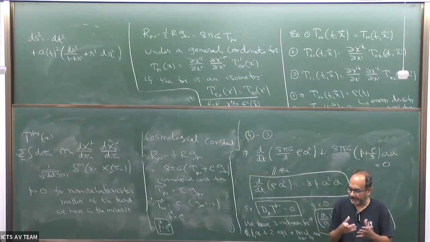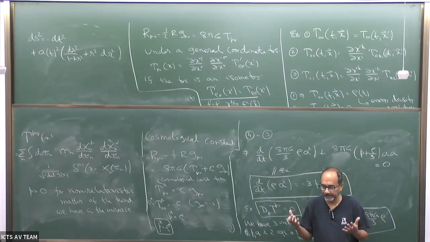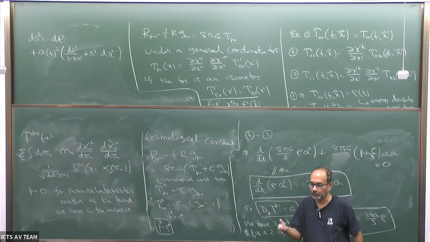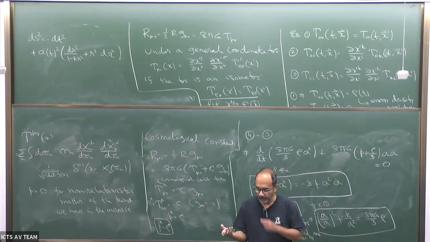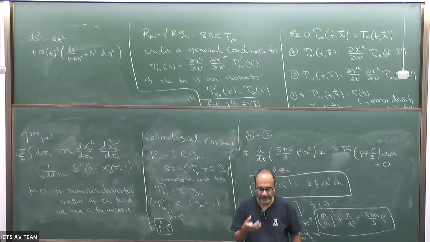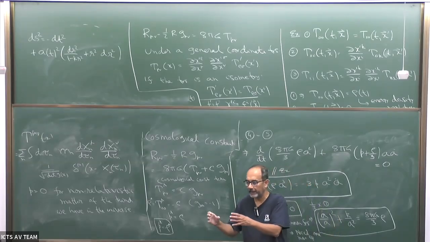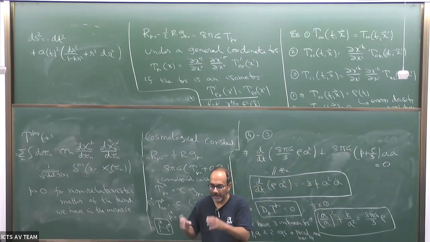So matter and radiation have the same temperature, and that gives another equation. Temperature, after all, is a function of pressure and energy density. So if matter temperature and radiation temperature are the same, then some function of P and rho for matter is equal to some function of P and rho for radiation. That will supply the extra equation.